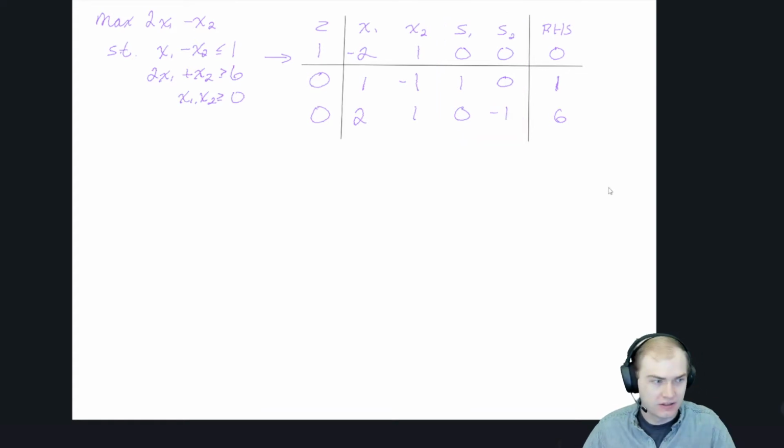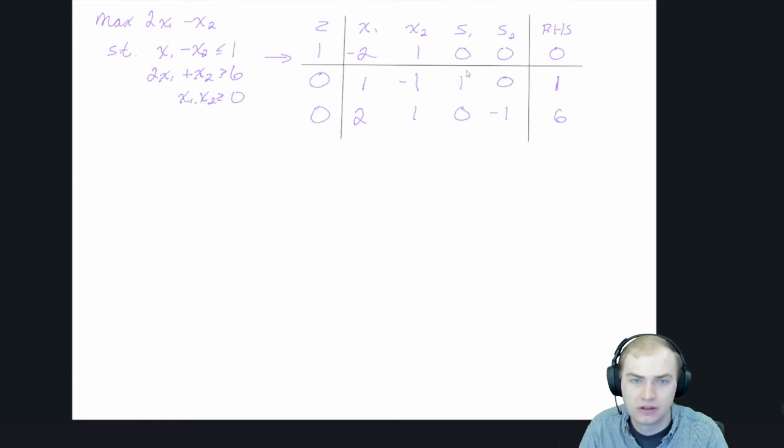So it's not in its true canonical form. We can still find the basic solution of where we are. It's fairly straightforward. S1 is 1, and S2 is negative 6. We'll address that in a moment.